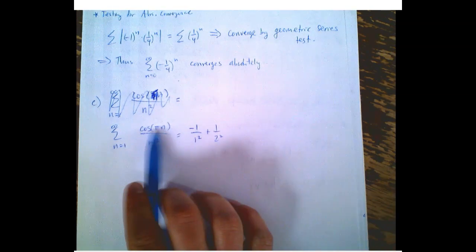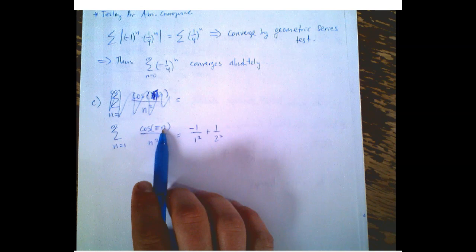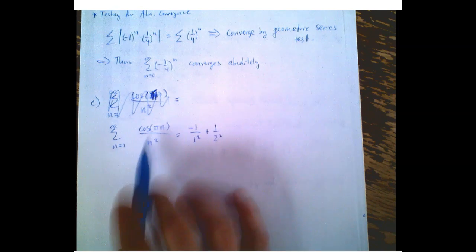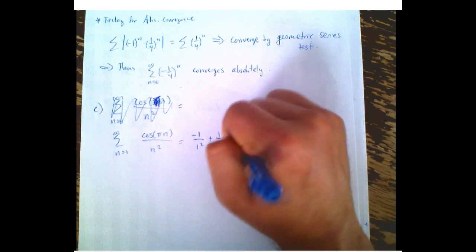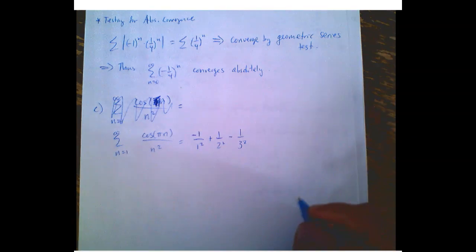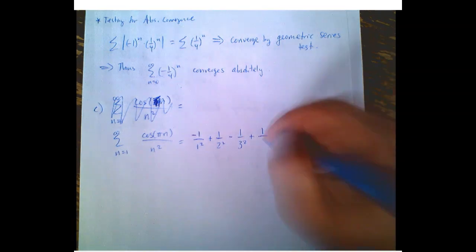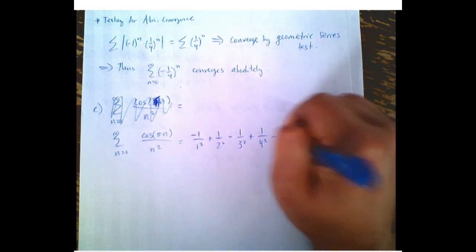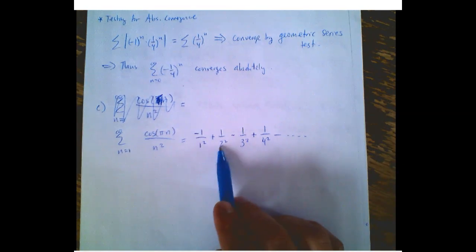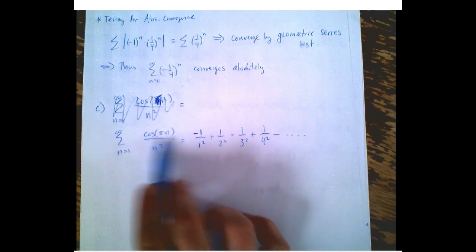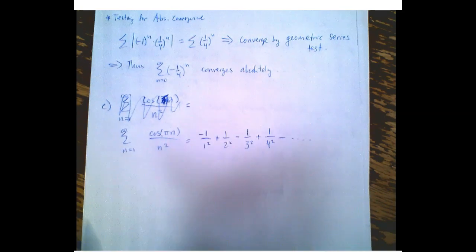Third term would be the cosine at 3 pi, which is negative 1 again, over 3 squared. And then the fourth term would be positive, because cosine of 4 pi is positive, and so on and so forth. So you can see we have this alternation because of the nature of the cosine function.